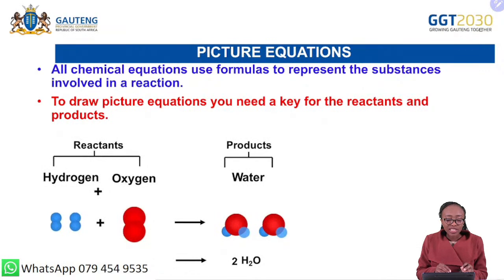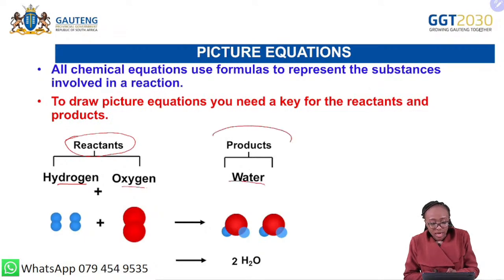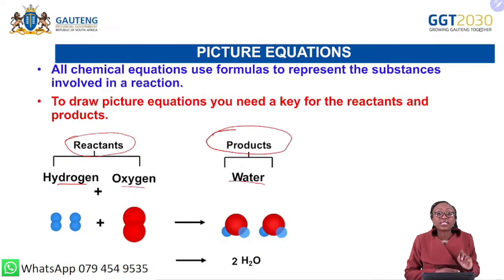Now, let's look at these pictures here. We've got hydrogen and oxygen, and these are our reactants. Then our product is water, as indicated here. Water is our product. So now let's come up with pictures to represent this chemical equation.